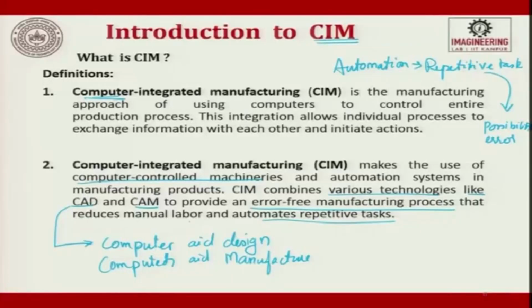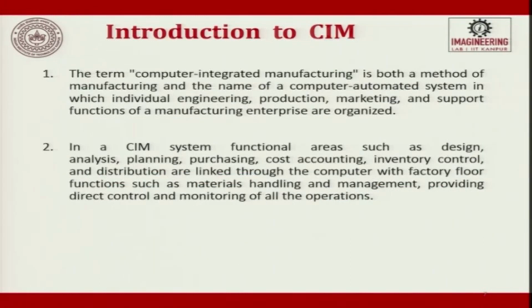So, here is the generalized definition: it makes use of various computer controlled machinery and automated systems in manufacturing products. It combines various techniques like CAD and CAM to provide an error free manufacturing process, to reduce manual labor and automate repetitive tasks.